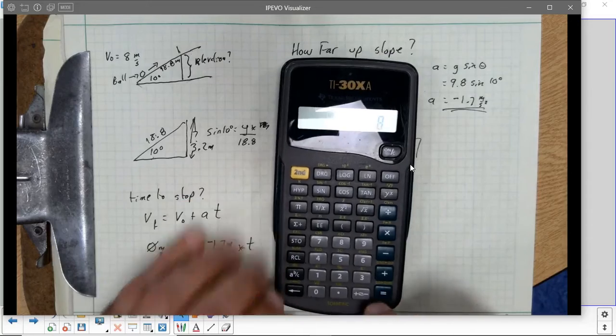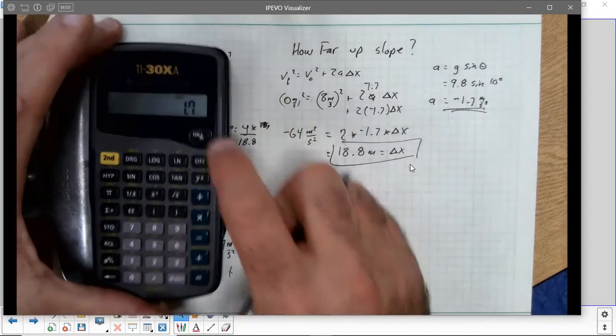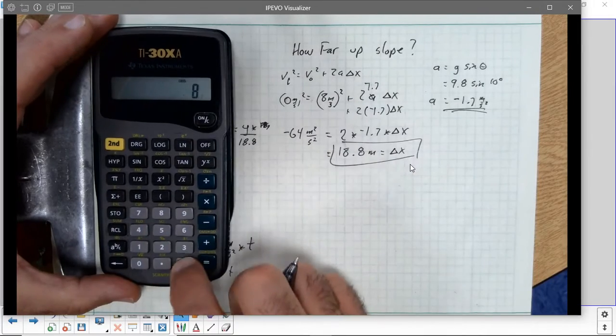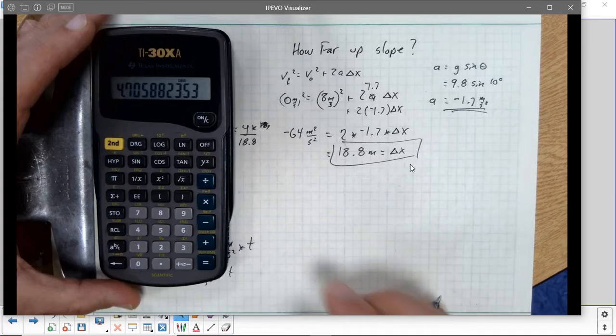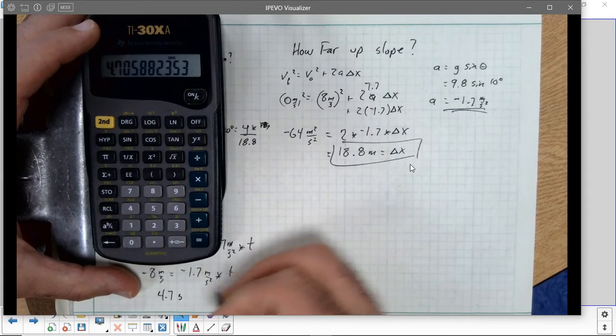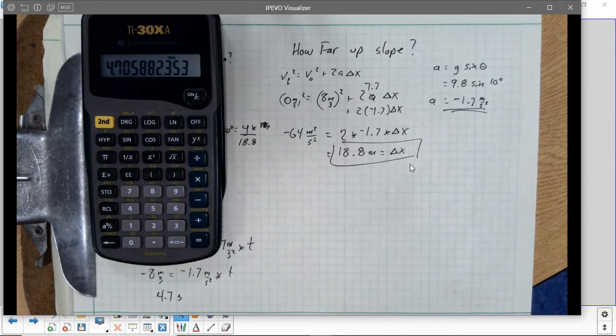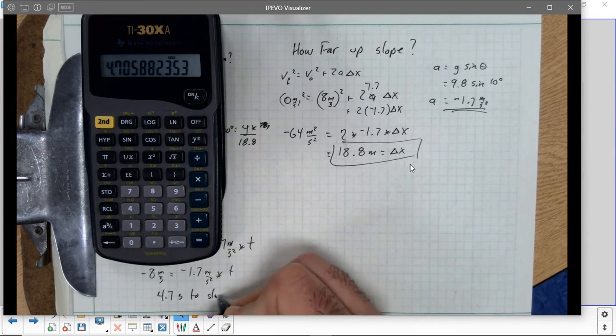So 8, change sign, divided by 1.7, change sign, equals 4.7 seconds. 4.7 seconds is the time that it takes to stop.